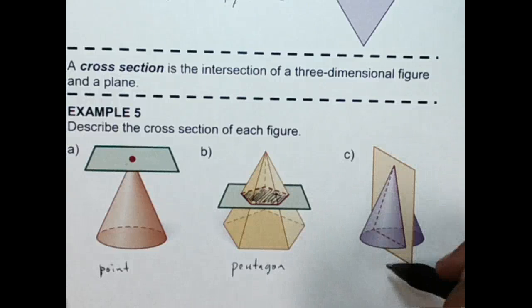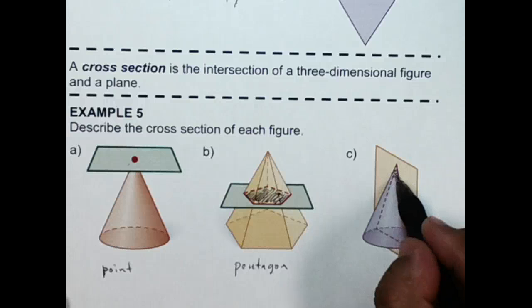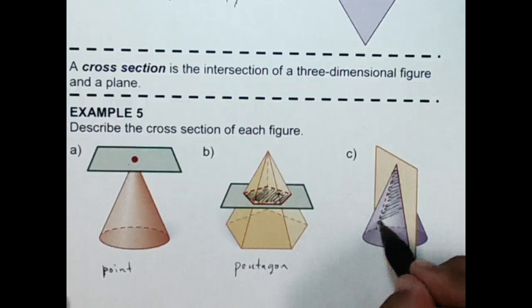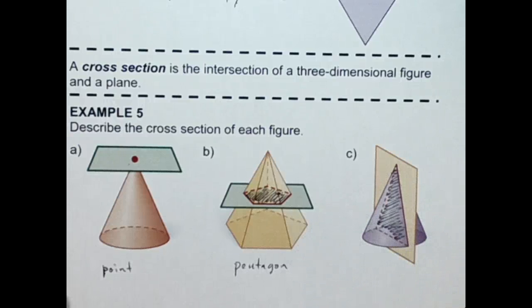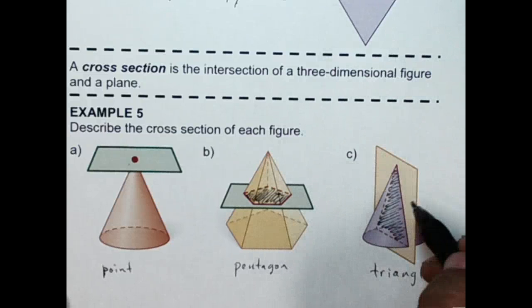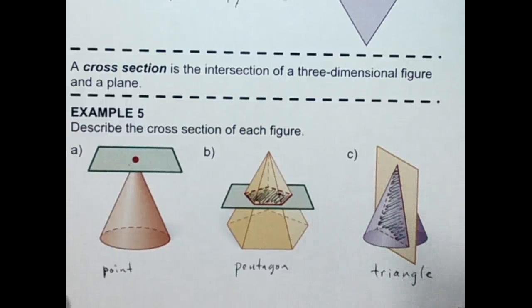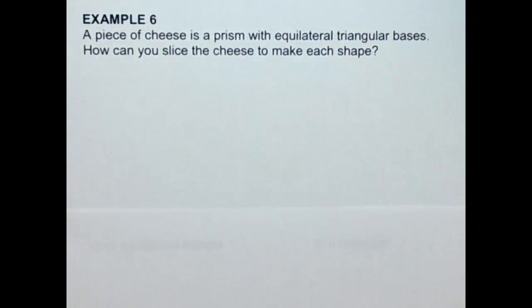Now on this one, if I cut it going vertically and I look at this, that's going to form a triangle. If I were to cut this shape, slice it in half, and look at what I cut, it would form a triangle.